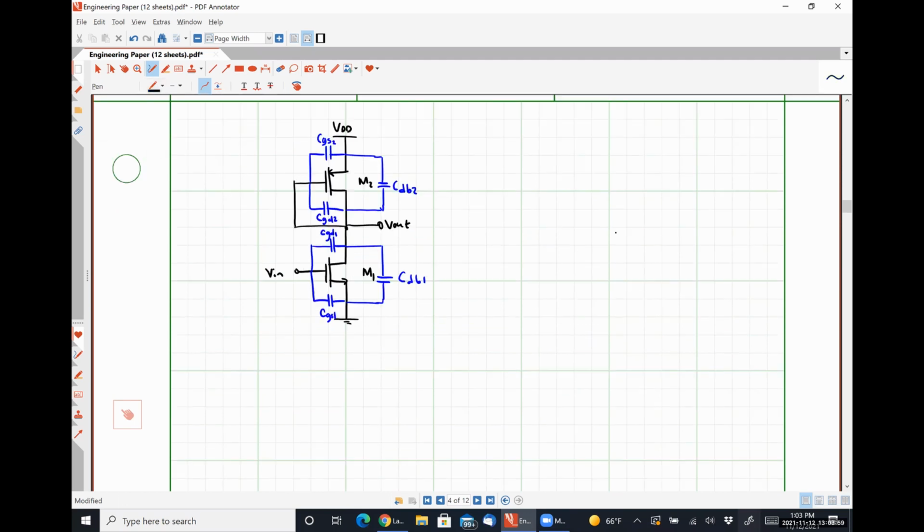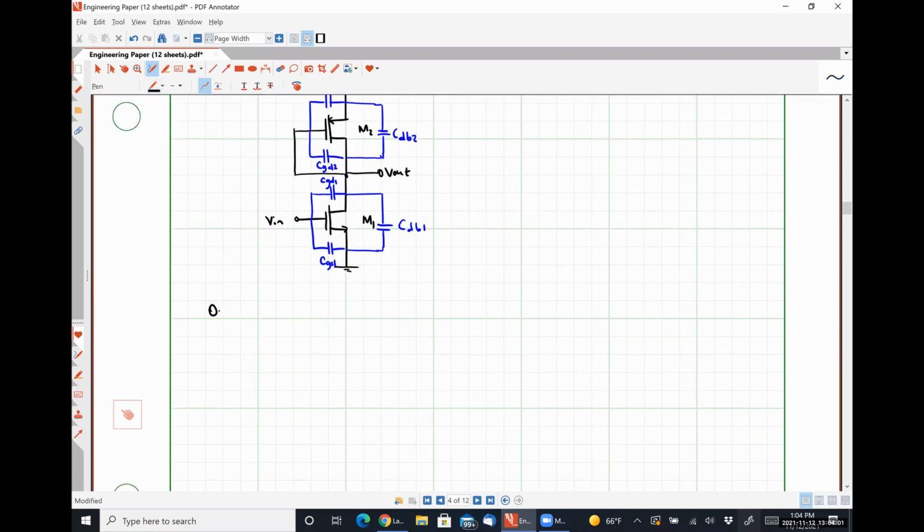So our small signal circuit is going to look something like this.